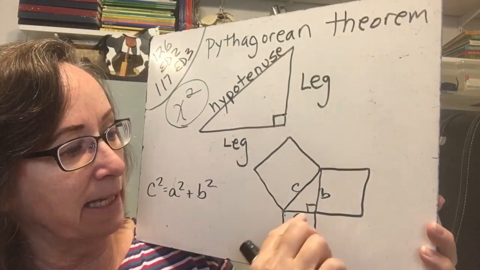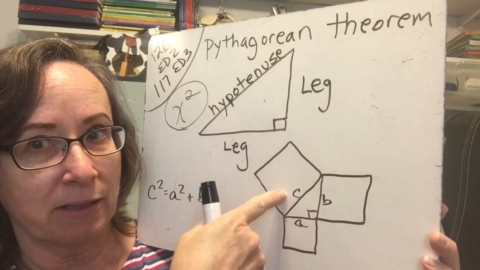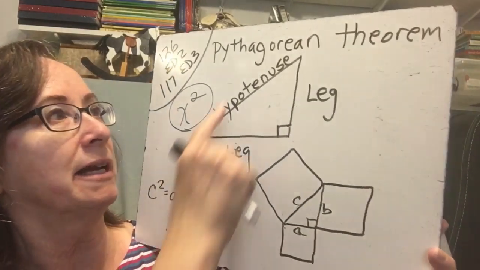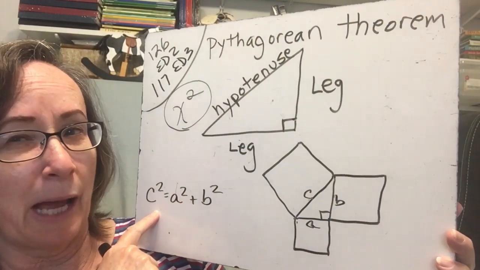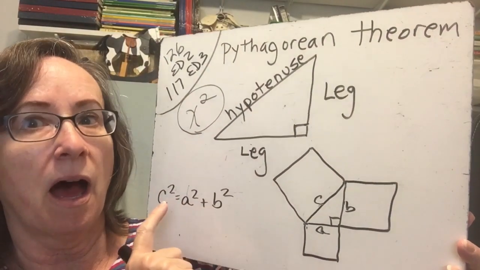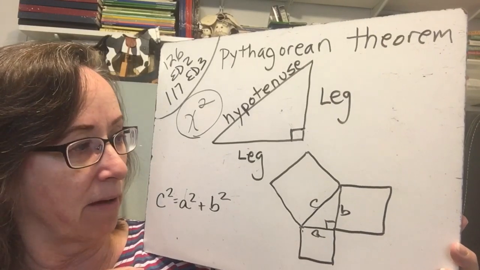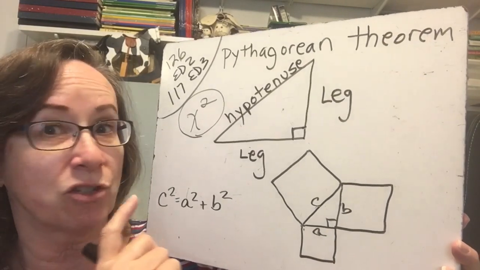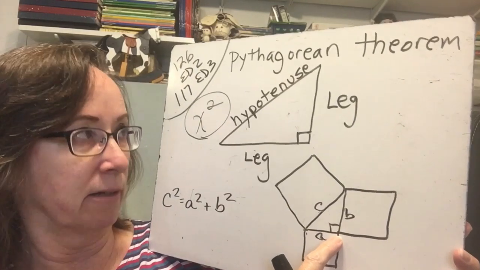So basically, since we call the little legs a and b and the hypotenuse c, what the Pythagorean theorem is saying is that c squared, or hypotenuse squared, is always equal to the sum of the squares of each one of the other two sides of the triangle. And that is true and only true for right triangles.